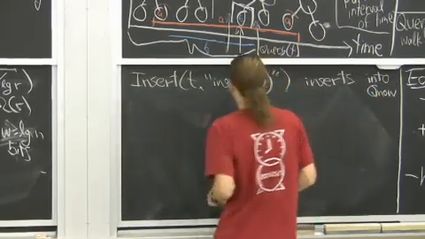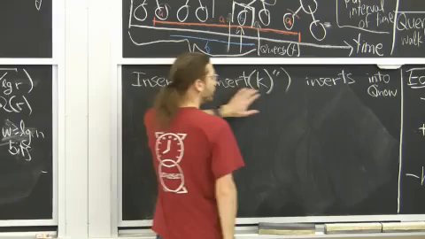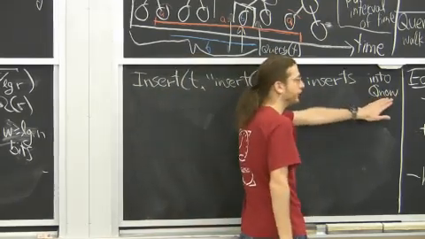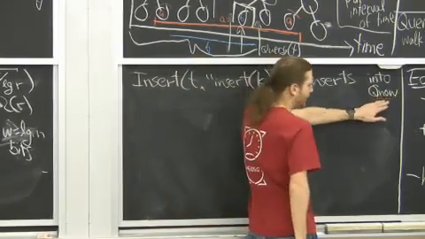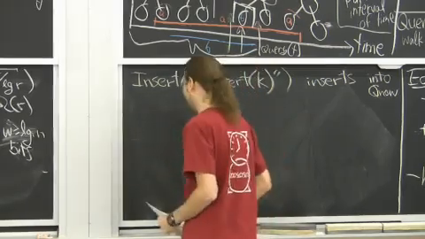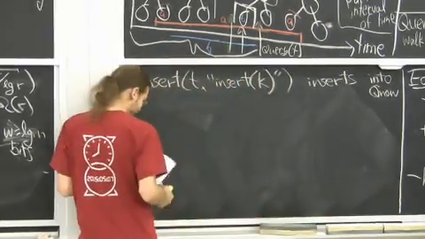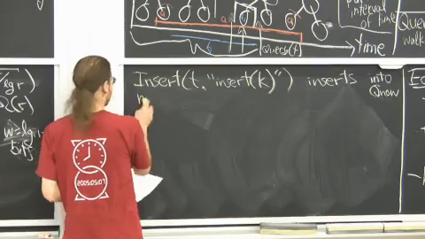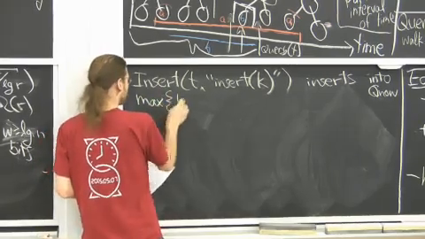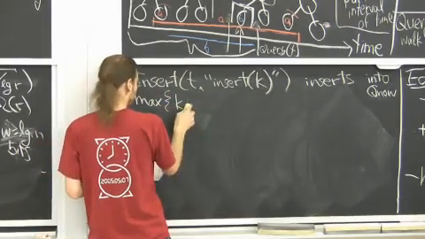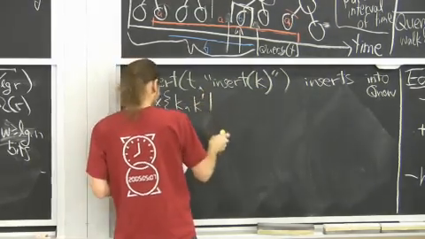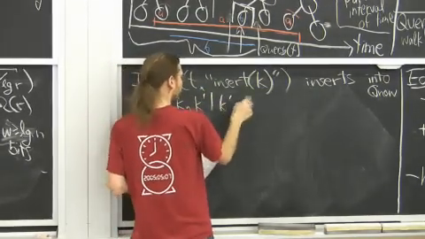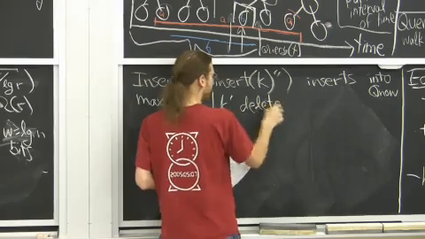Okay, what I'd like to know is that when I do this insertion, what gets inserted into the final queue? I'm going to call that queue now being the present, the future, whatever you want to call it. I claim this is what gets inserted.